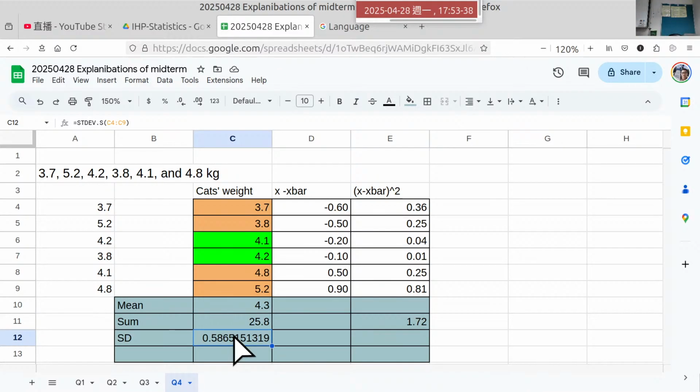Is it okay? Okay, and the second way is a little bit complicated, like this one.